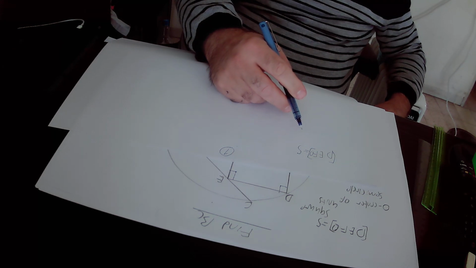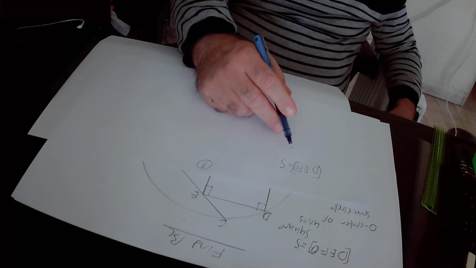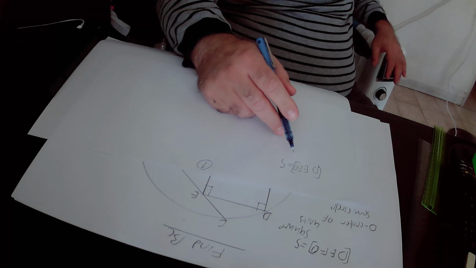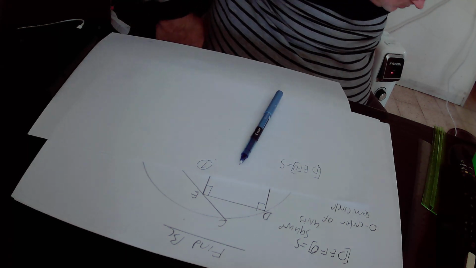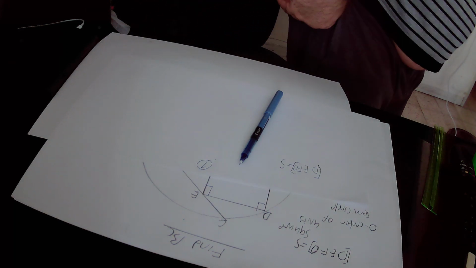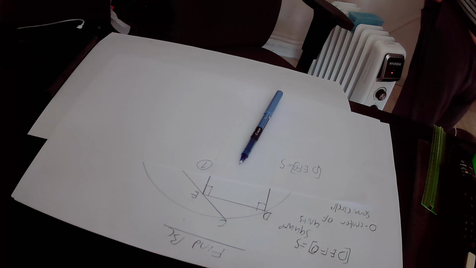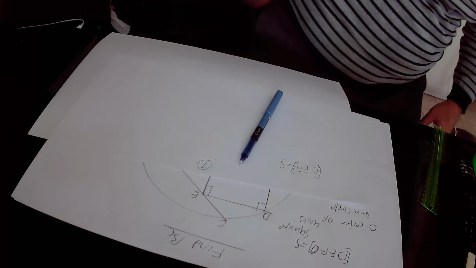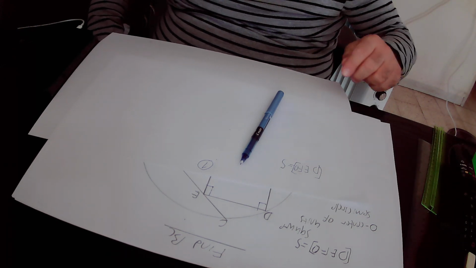Here, the square brackets are the sign for the area. Here's the area of square DEFO. The area of square DEFO equals 5 square units.